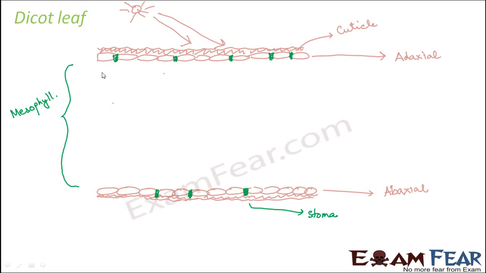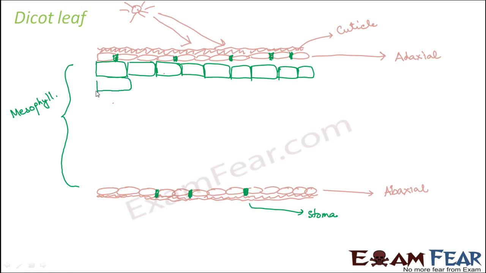The upper portion of this layer is made up of cells which are arranged side by side, somewhat like this. So one cell adjacent to another cell. This is how they are arranged in the upper mesophyll layer, like this.